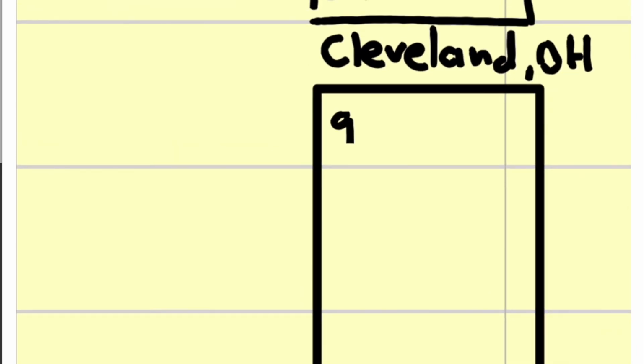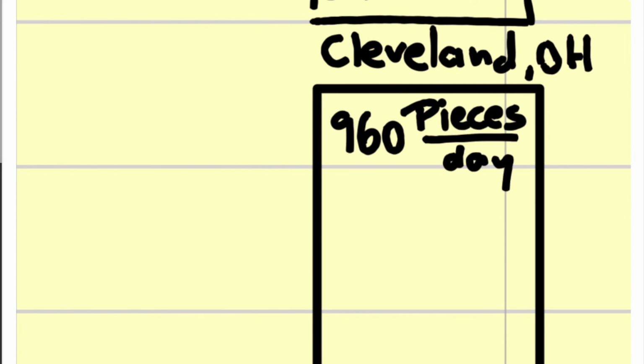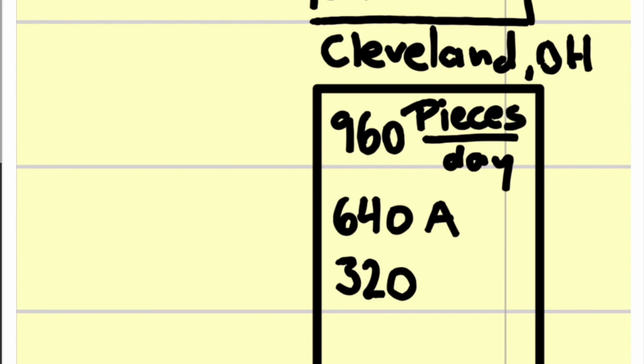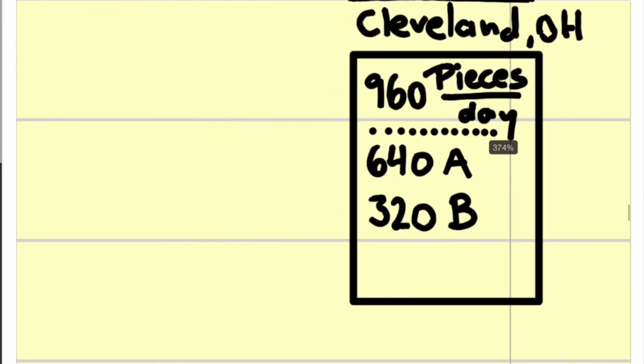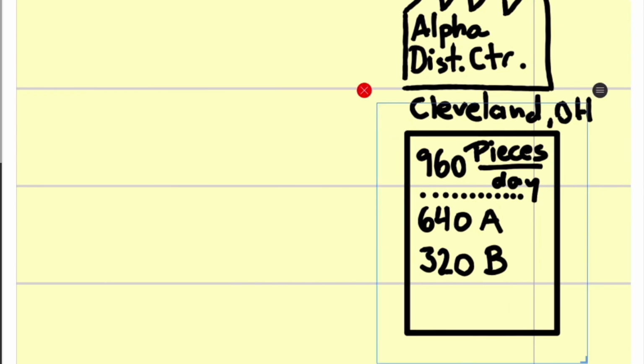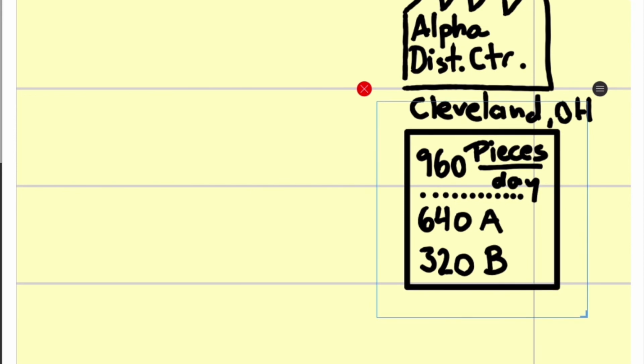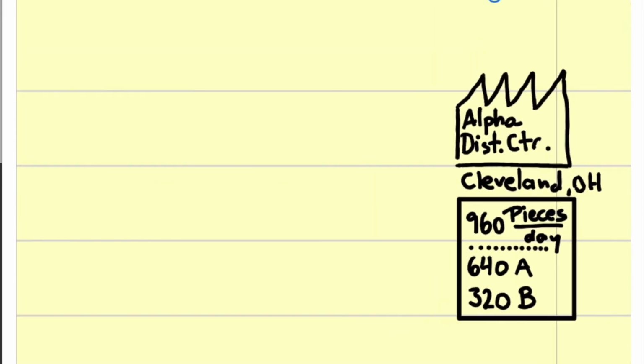We get 960 pieces per day, 640 of type A and 320 of type B. So this information is what we need. Our customer has this demand.